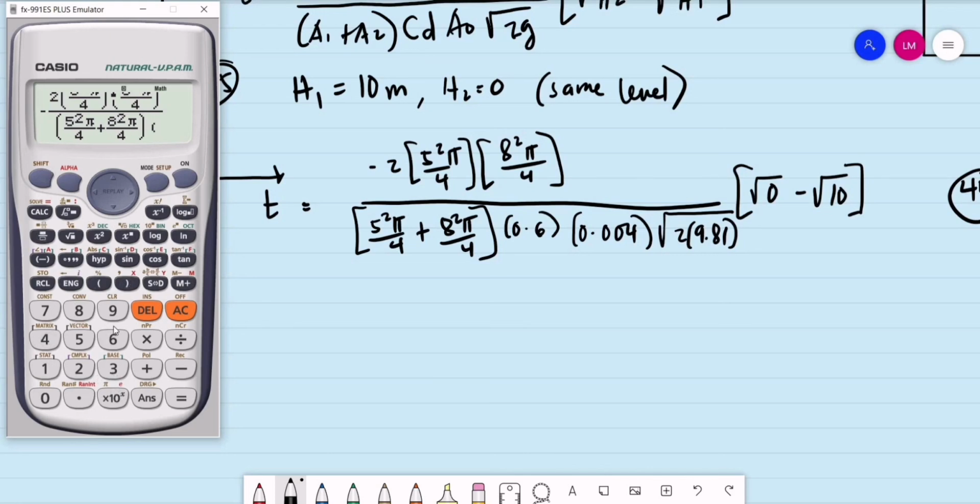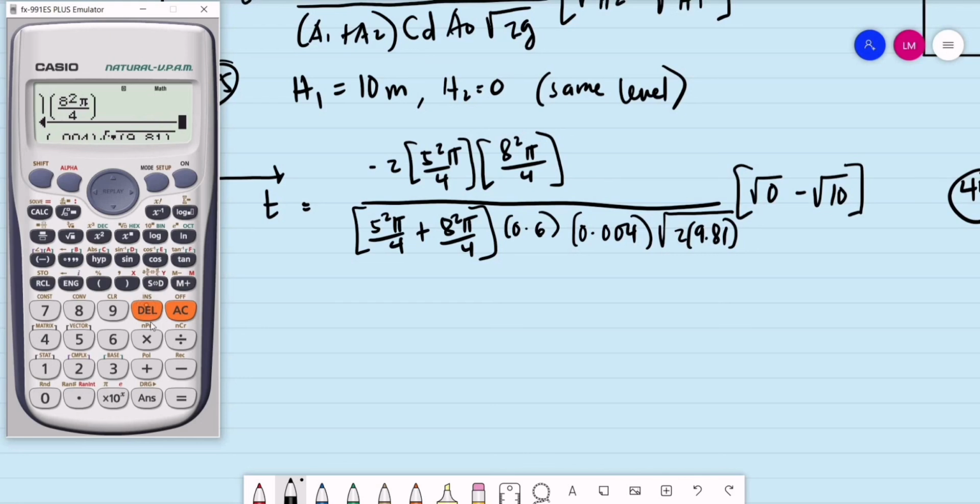Then, coefficient of discharge, 0.6. Area ng orifice, 0.004. Then, the square root of 2 times 9.81. Okay, then, to be multiplied by the square root of final head, 0, minus the square root of the initial head, yun lang, wala nang space.